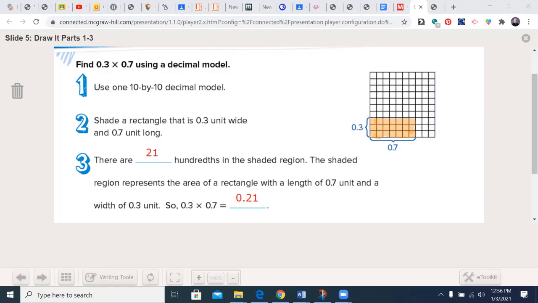I know the habit will be to want to just do the math, 7 times 3, and then move the decimal place 2 spots. But for today, it's a good idea when available to sketch this out so that you can see that this literally means I want 3/10 of the 7/10. Or if this was all 7/10, it had gone all the way to the top, but we only wanted 3/10 of that.